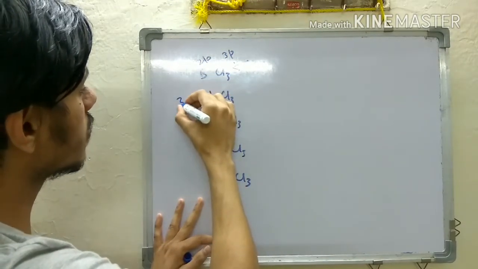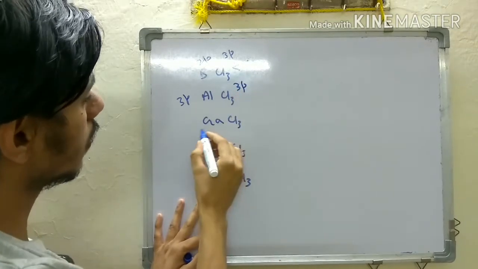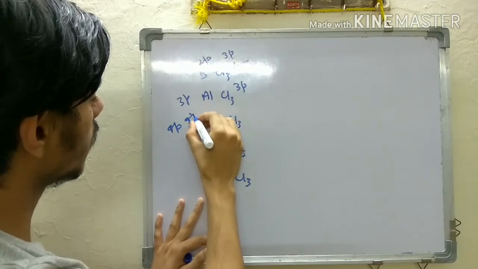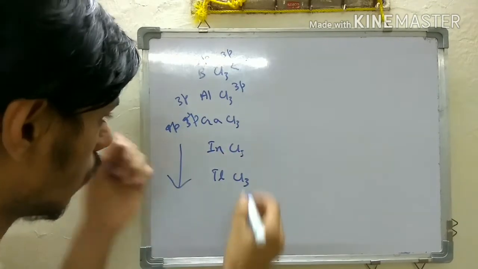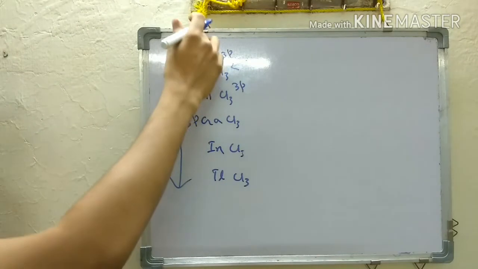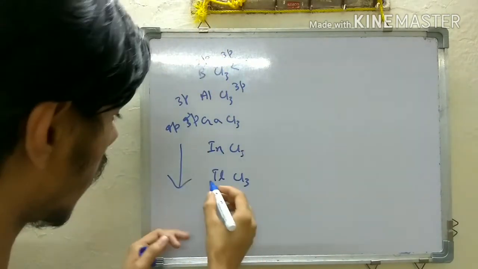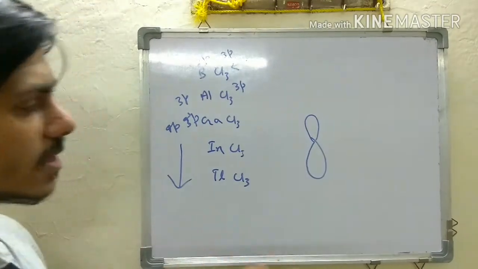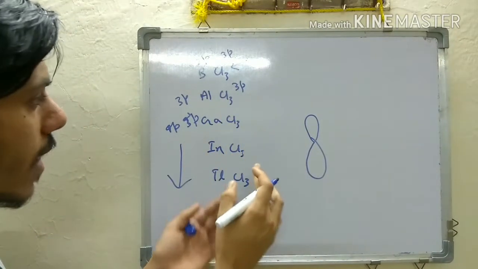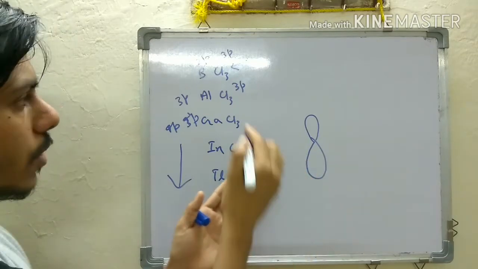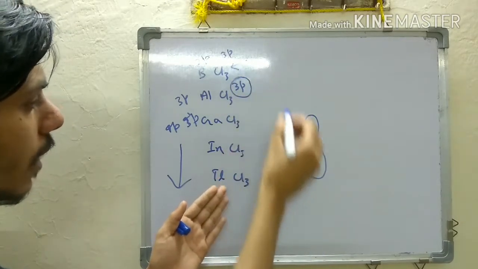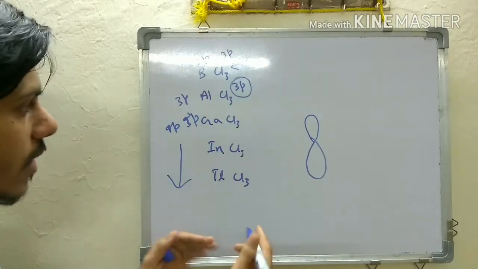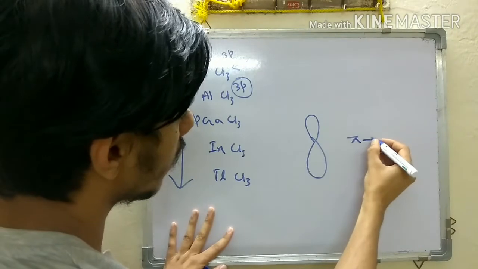In the case of aluminium it is 3p-3p. In the case of gallium it is 4p-3p. So as you go down the group, the p orbital on the metal atom increases in size and energy also. So the matching between the chlorine 3p orbital and the central atom p orbital will be less along the series, and that's why the pi bonding character will decrease.